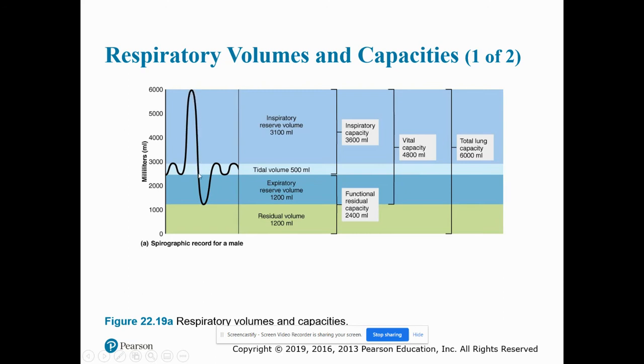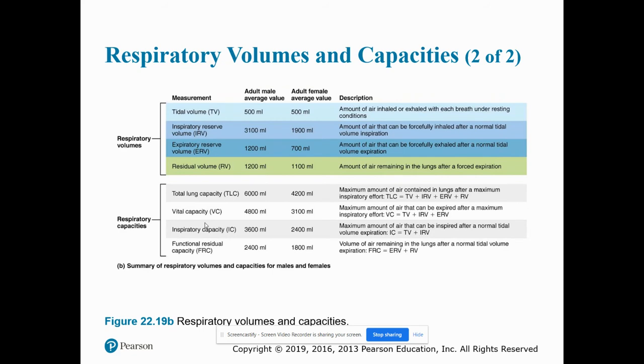Then we have expiratory reserve volume, which is a forceful exhale. Then we have residual volume, the amount of air that remains in the lungs and is needed to keep the alveoli open.